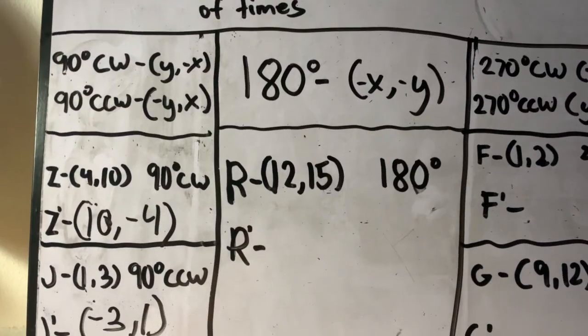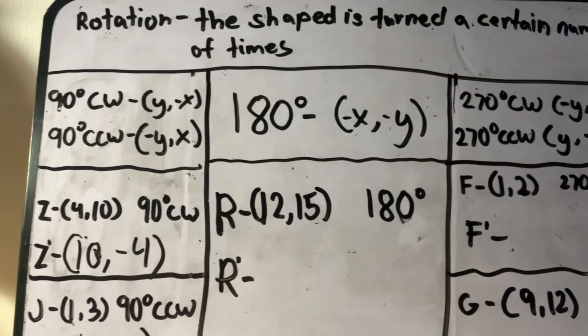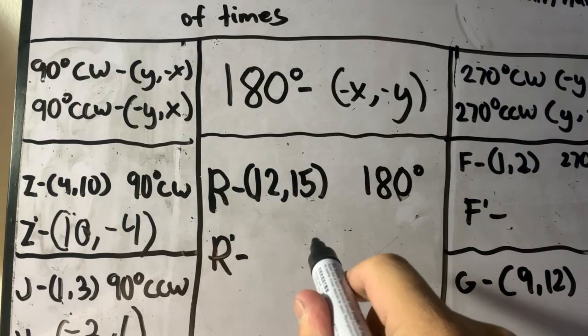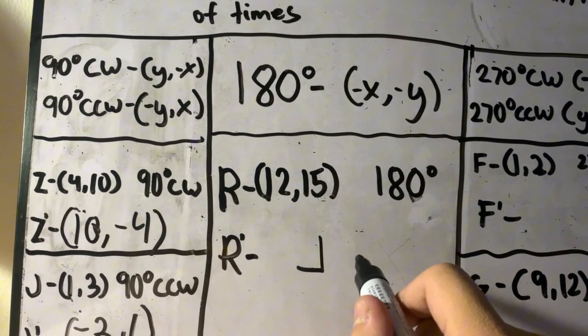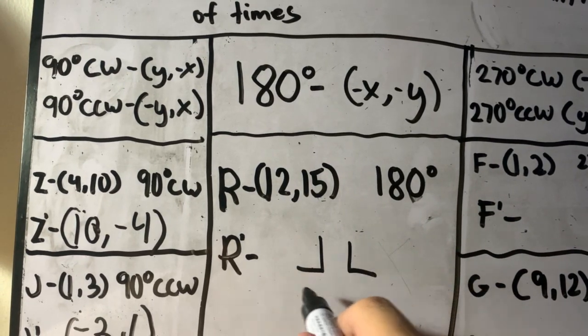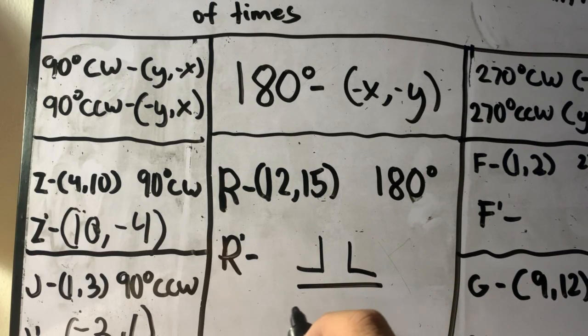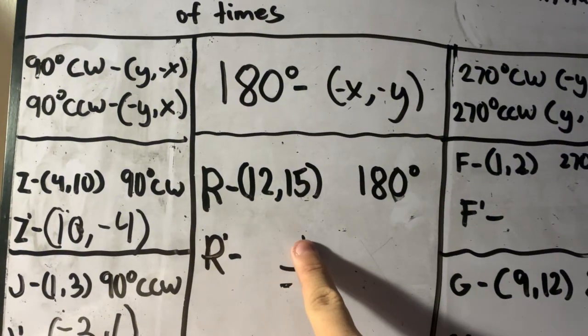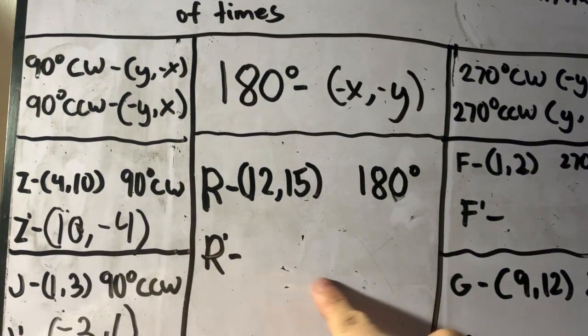Next, we have the easiest one, which is going to be 180. So in 180, from your normal x to y, it will just be negative. Because 180 is just flat. Because example, this is 90 degrees. This is also 90 degrees. This is 180. Kasi 90 plus 90, 180. Basically, half a circle.